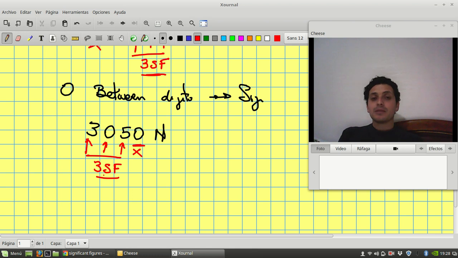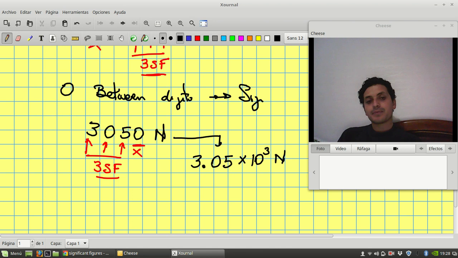Sometimes in physics it is very useful to use scientific notation, because scientific notation helps you give the appropriate number of significant figures. So for example, in this case, this value just has three significant figures, but maybe I can put it in scientific notation in this form: 3.05 times 10 to the third power newtons. So we still have three significant figures.